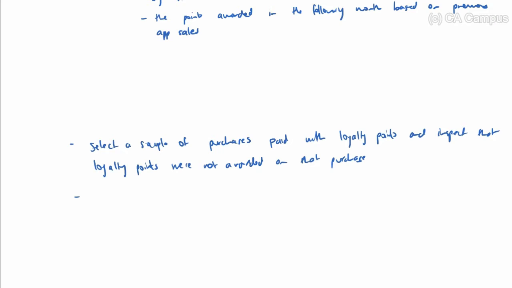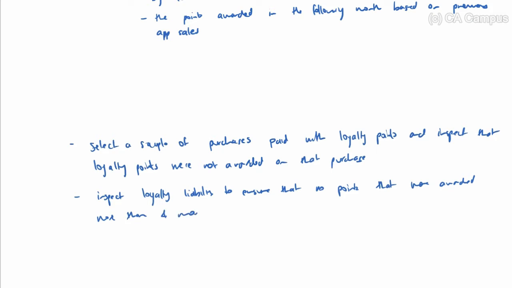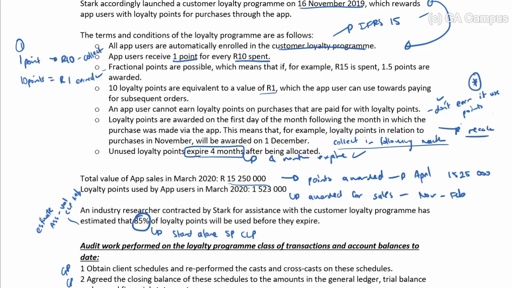So I'm going to go inspect the loyalty liability to ensure that there are no points that were awarded more than 4 months ago, which is not possible because the program was only launched 4 months ago, but still, it is a test that I would have to perform based on the information. And I can tick that off.